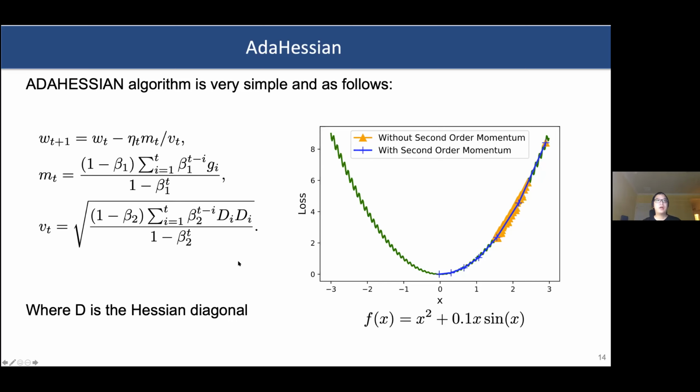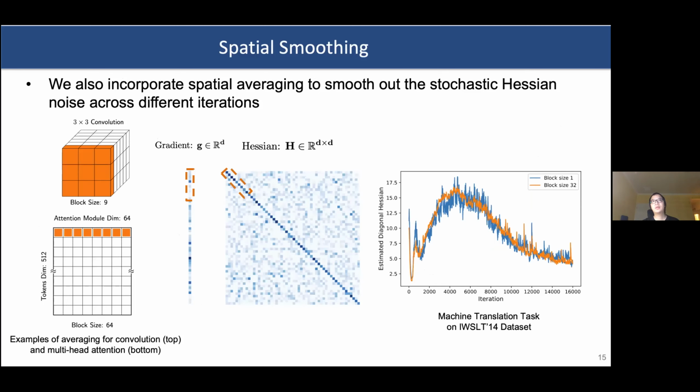The second part of the novelty of AdaHessian is the spatial averaging. So what is spatial averaging? One thing we haven't mentioned is that we do the Hutchinson method one iteration per update.